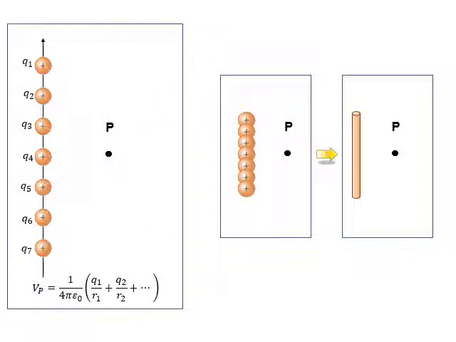What if we wanted to have a continuous charge distribution or a line of charge? So that's what we have here in the far right picture, continuous charge distribution. Well, we're going to use the same approach that we did when we tried to find the electric field due to continuous charge distributions. Let's take our 7 charges and squeeze them close together.